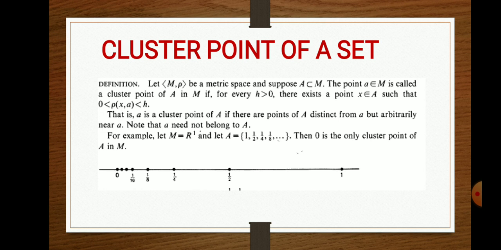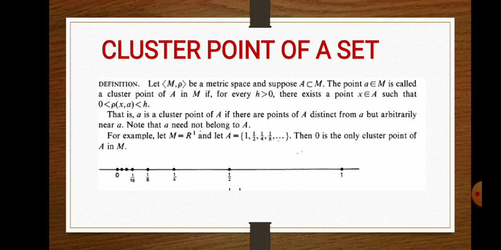If this condition is satisfied, then a is said to be a cluster point of A. That is, a is a cluster point of A if there are points of A distinct from a but arbitrarily near a. a need not belong to A. I have already told you that.